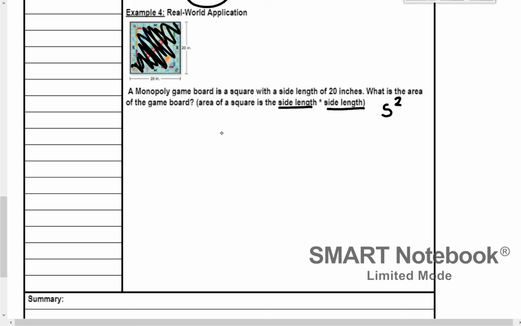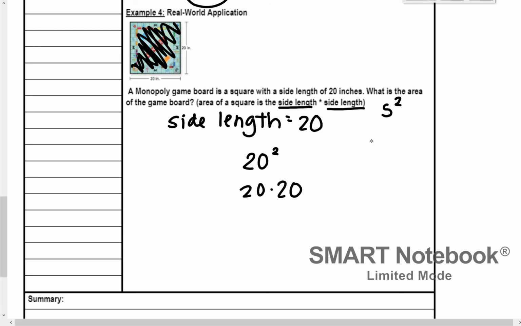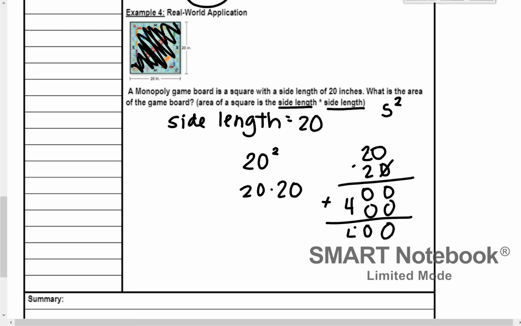So our side length in this situation is 20. So in order to find it, we do 20 squared, or 20 times 20. We'd have 2 20s, 20 times 20, which we can pull to the side and do our multiplication. And I get an answer of 400.